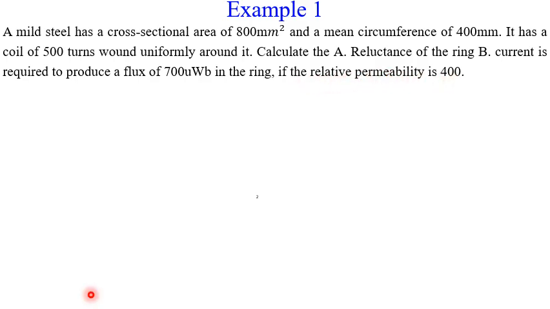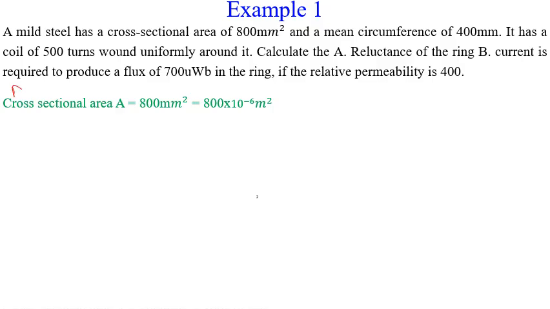They've given us some important parameters, so we need to convert them to the right unit in order to use them. First of all, they've given us our cross-sectional area, which is 800 millimeter square. You might see that I've already converted it. Let me show you.